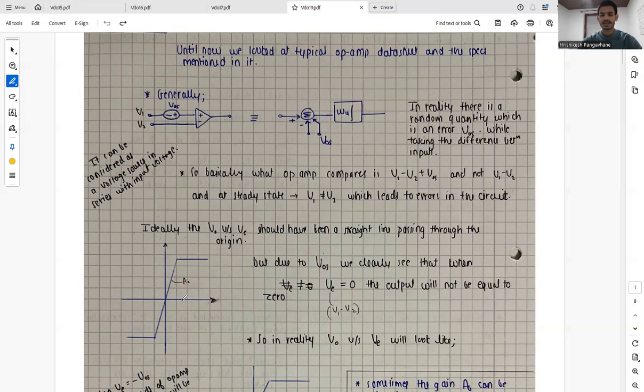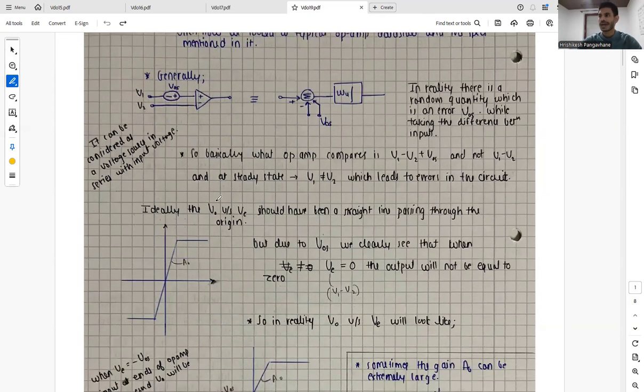So we say that if there is no difference in the two inputs, VE equals 0, then the output is 0. So basically something coming from the feedback and something which we are giving as input should not have a difference when VE equals 0, and thus we have our desired output.